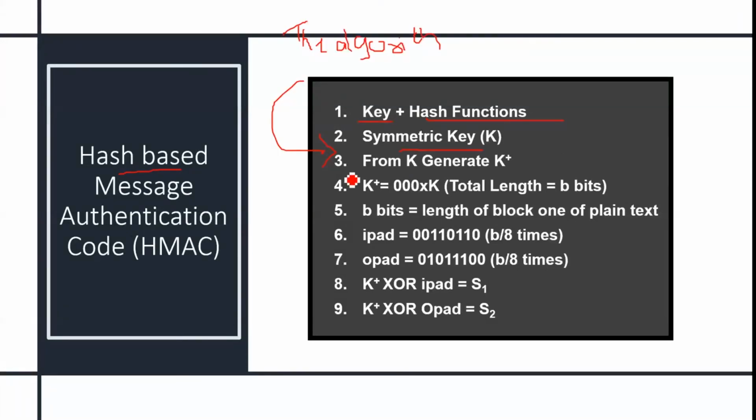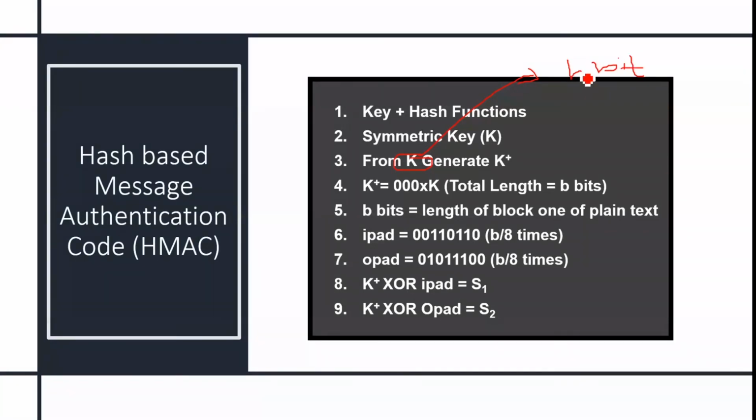Point number 3 will become your step number 1. So what does this step mean? We have to change the length of the key from any arbitrary length to b bits.